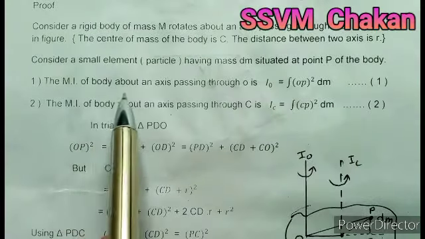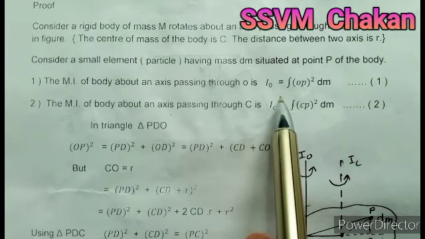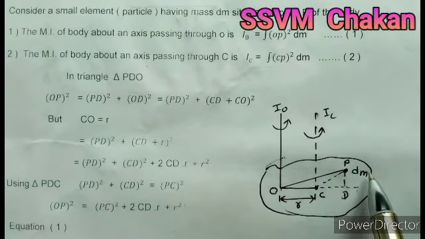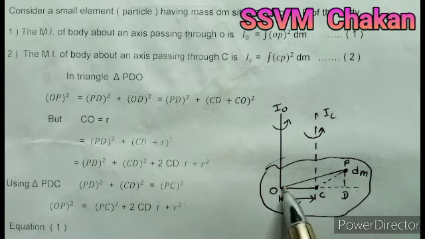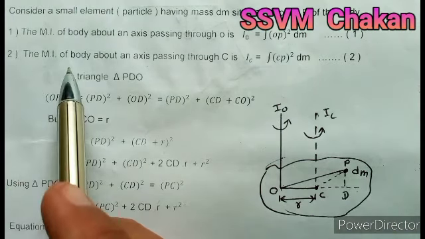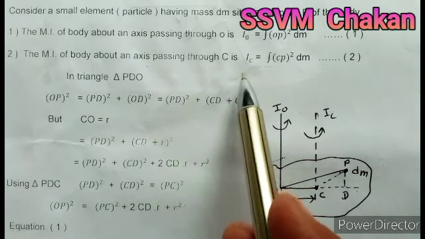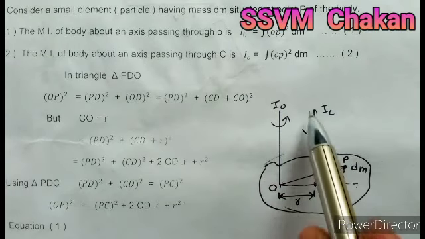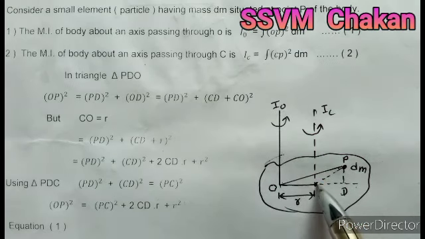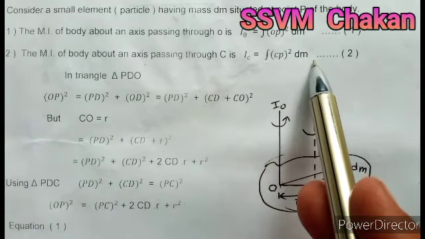The moment of inertia of the body about an axis passing through O is I0, which is equal to the integration of distance square into mass dm, so OP square into dm. Second point, the moment of inertia of the body about an axis passing through C, that means about this axis, IC, is equal to the integration of distance square into mass dm, so CP square dm.